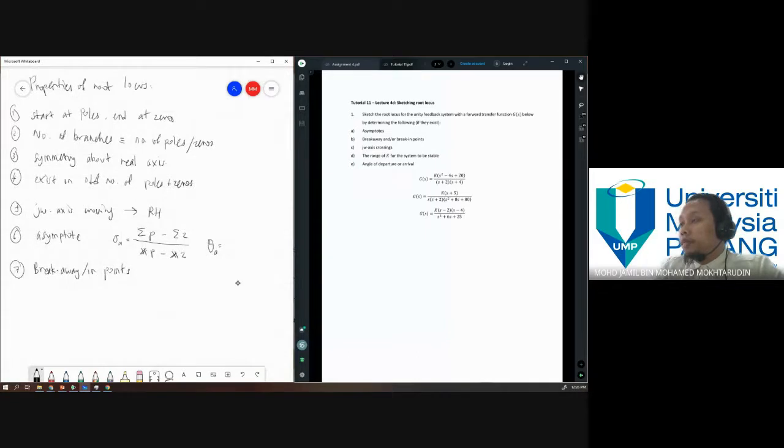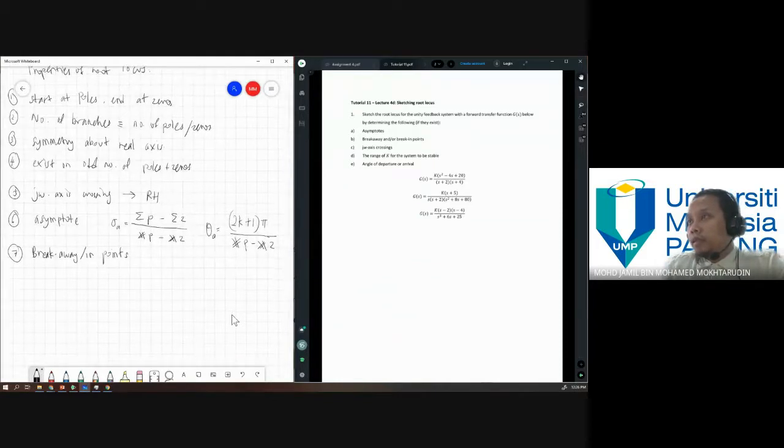It's 2k plus 1 pi over number of poles minus number of zeros. And then we have breaking points. So for breaking points, the formula is summation of 1 over sigma minus zeros equals summation of 1 over sigma minus poles. So we want to find sigma.